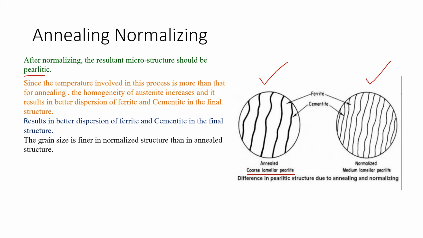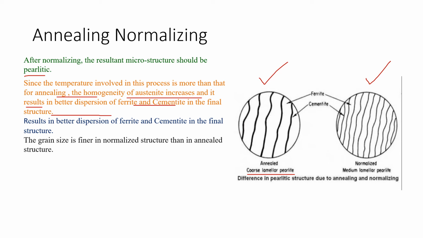Since the temperature involved in this process is higher than that for annealing, the homogeneity of austenite increases. As a result, better dispersion of ferrite and cementite in the final structure can be observed.